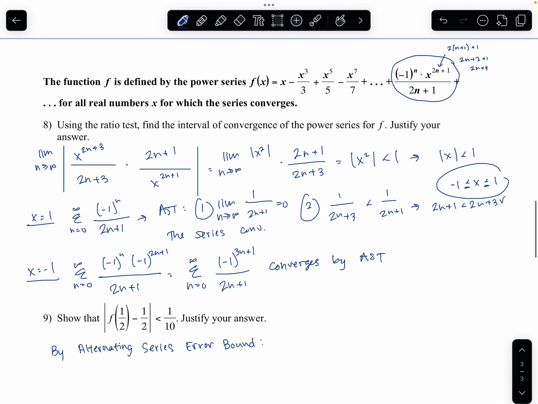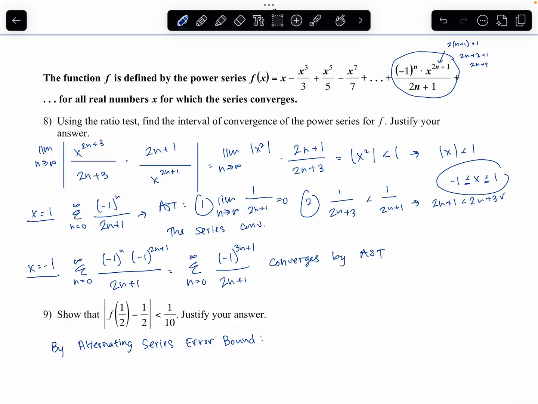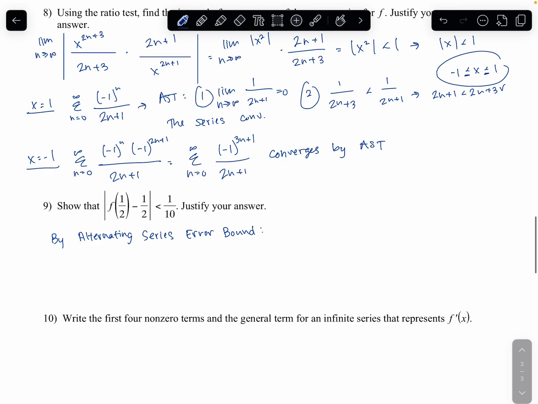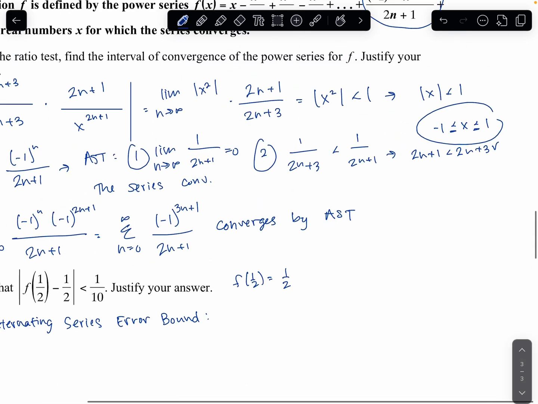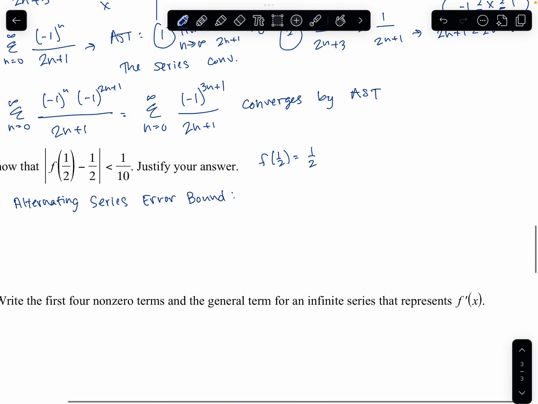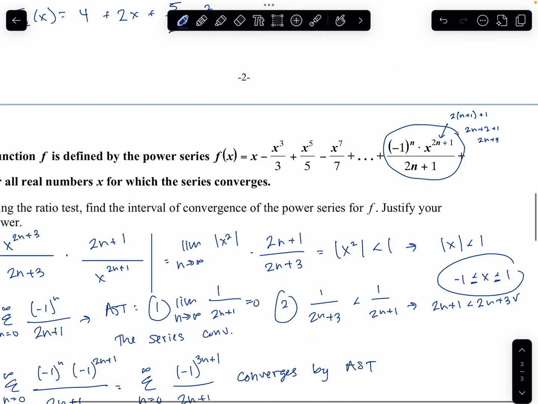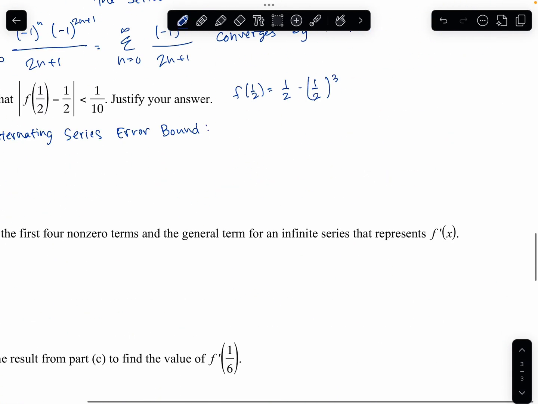So notice here, f of 1/2. Let's show what f of 1/2 is. So f of 1/2 is going to be equal to 1/2 minus 1/2 to the third times 1/3, right?